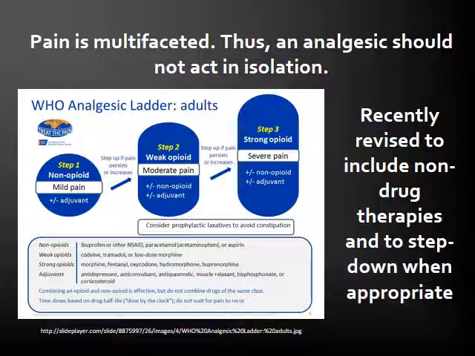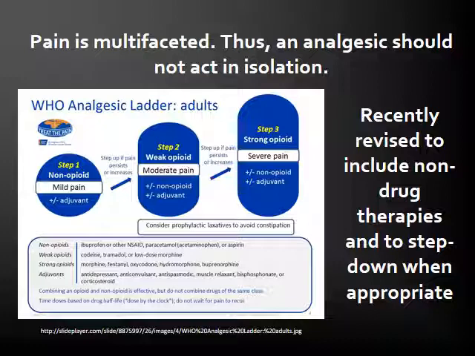The adjuvant or co-analgesic agents are drugs that were originally developed for indications other than pain, but which can provide analgesic efficacy in specific painful conditions. Currently, we kind of lump together the nonsteroidal anti-inflammatory agents and acetaminophen into this group of adjuvant therapies.